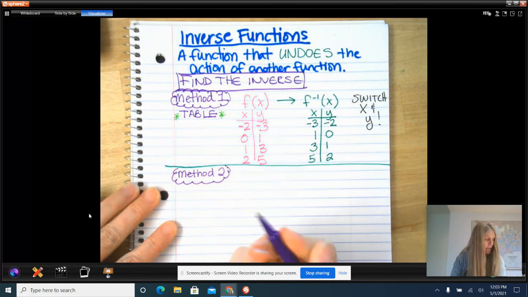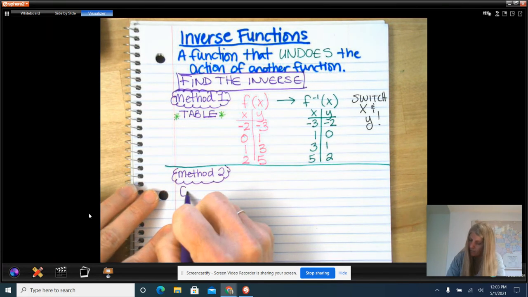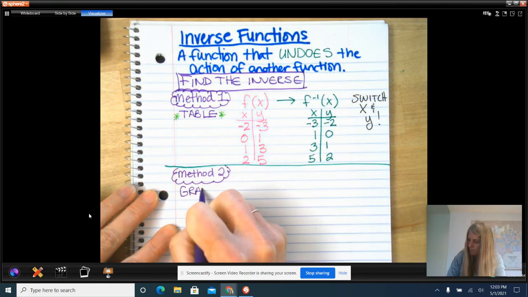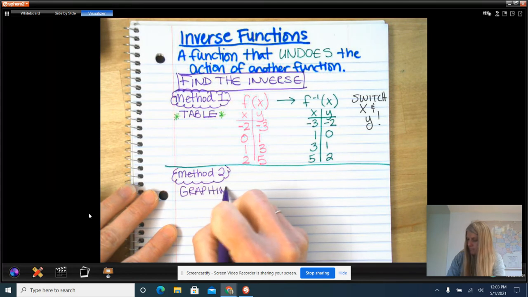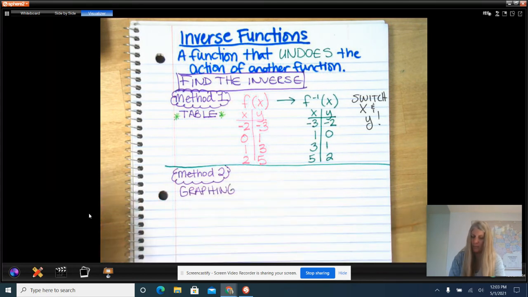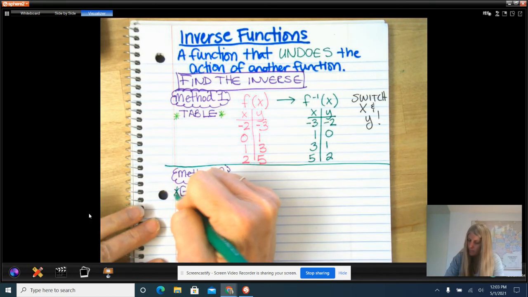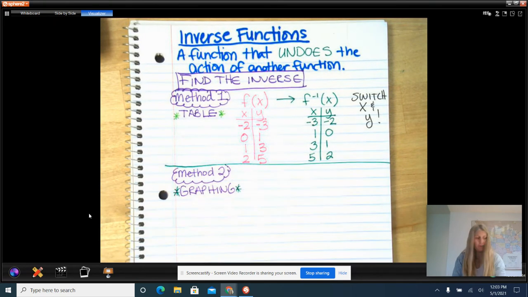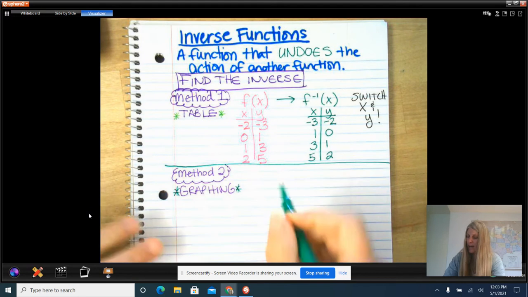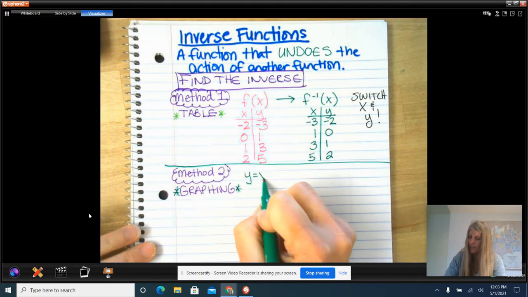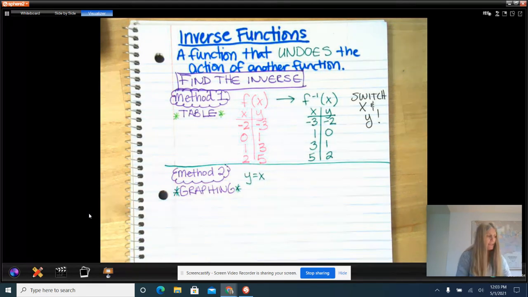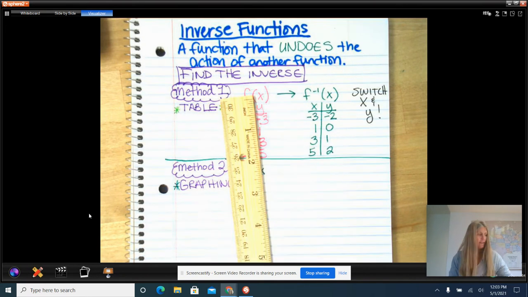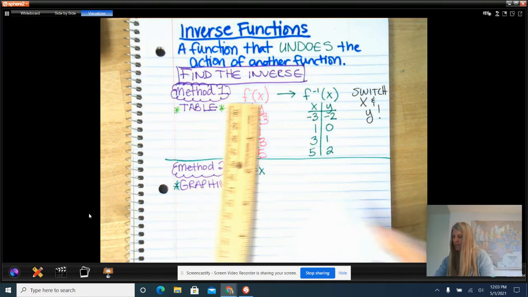And our second method is going to be graphing. And what we're doing when we're graphing is we are actually making y is equal to x, which is our main line down the middle. And we're reflecting across that. And that's what we're actually doing when we're finding the inverse.